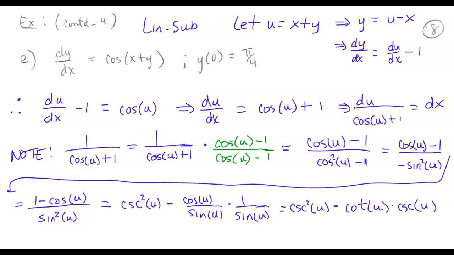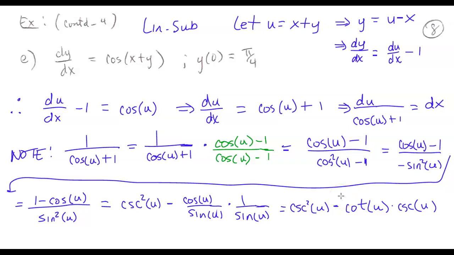And so in dealing with this new expression here, this is a little easier for us to deal with because if we look at cotangent u times cosecant u, we know what the antiderivative of that is, and that's actually just going to be cosecant u. If we look at what cosecant squared is, remember that the derivative of cotangent is negative cosecant squared.